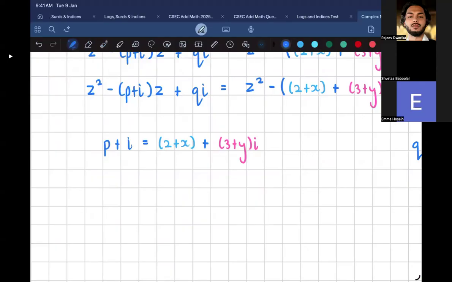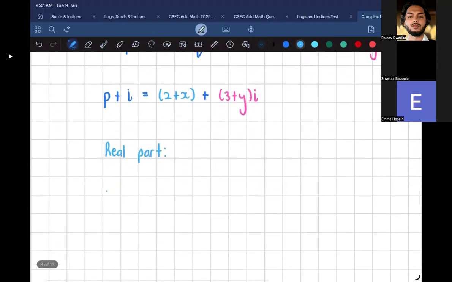So we equate the real parts: p is equal to 2 plus x. Now the imaginary parts.